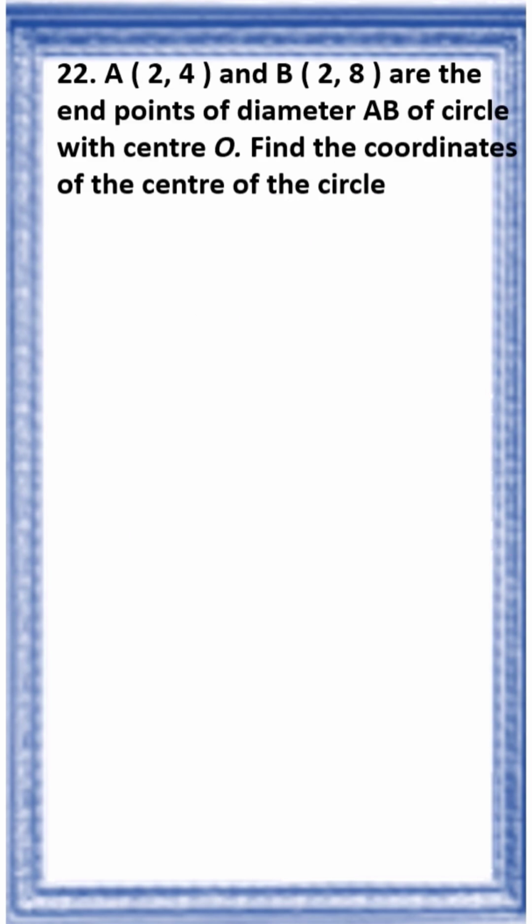Now the question is taken from the chapter coordinate geometry. A (2, 4) and B (2, 8) are the endpoints of diameter AB of a circle with the center O. Find the coordinates of the center of the circle. Here, this is the circle.